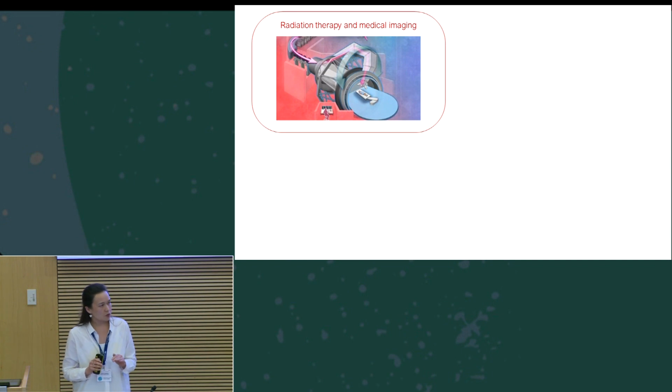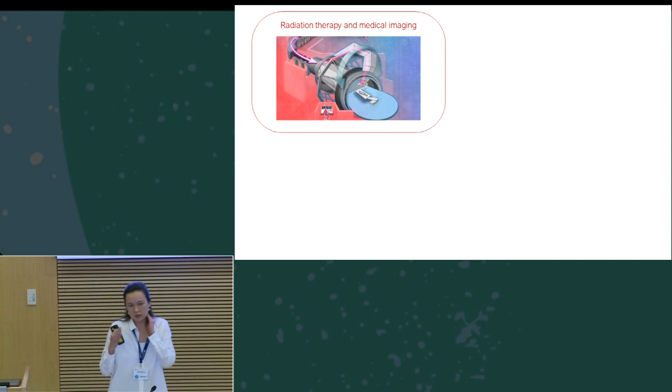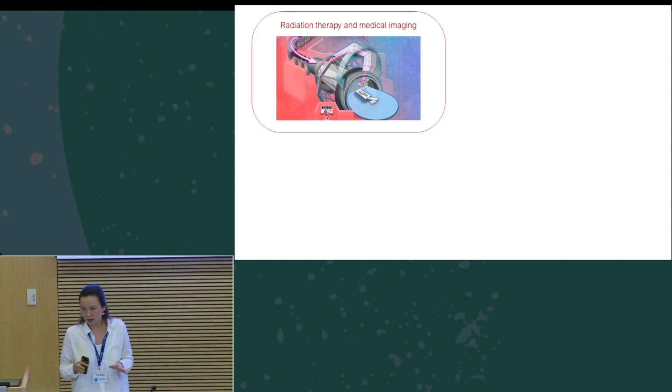The first that comes to mind is radiation therapy and medical imaging. Accelerator technologies are used in proton therapy, for example. Thousands of hospitals around the world have small accelerators to cure cancer with protons or even electrons. And detector technologies are used in medical imaging, so CT scans and PET scans can employ our technologies, and they actually do.